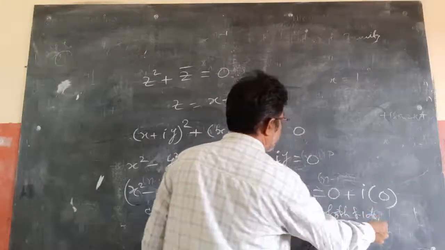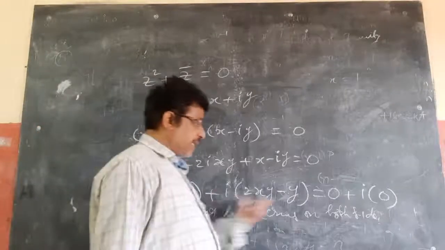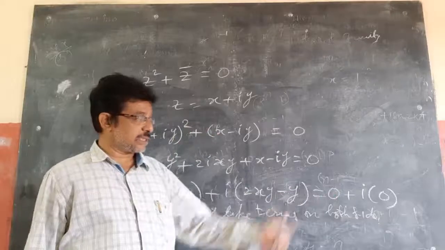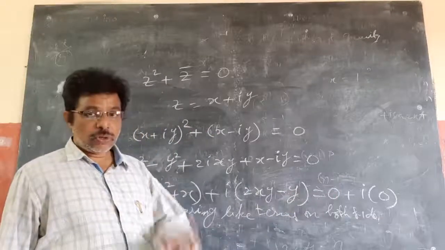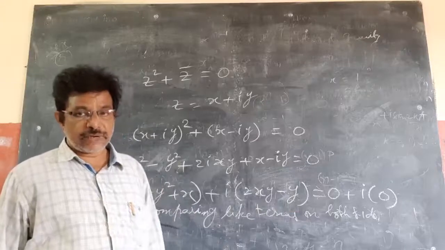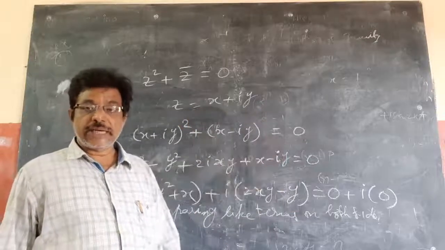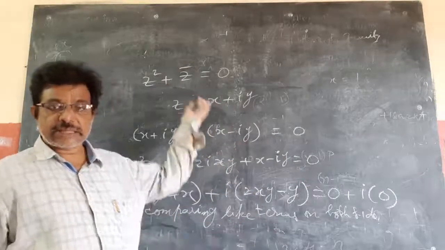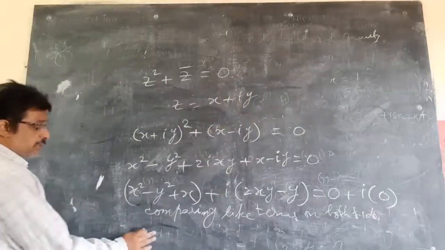So why do I compare like terms on both sides? So that I will get one equation, x square minus y square plus x equal to 0, and another equation, 2xy minus y equal to 0. Two equations, if I solve, I will get the number of values of x and y. Those many solutions will be there for this equation. So that's why I am comparing like terms on both sides.